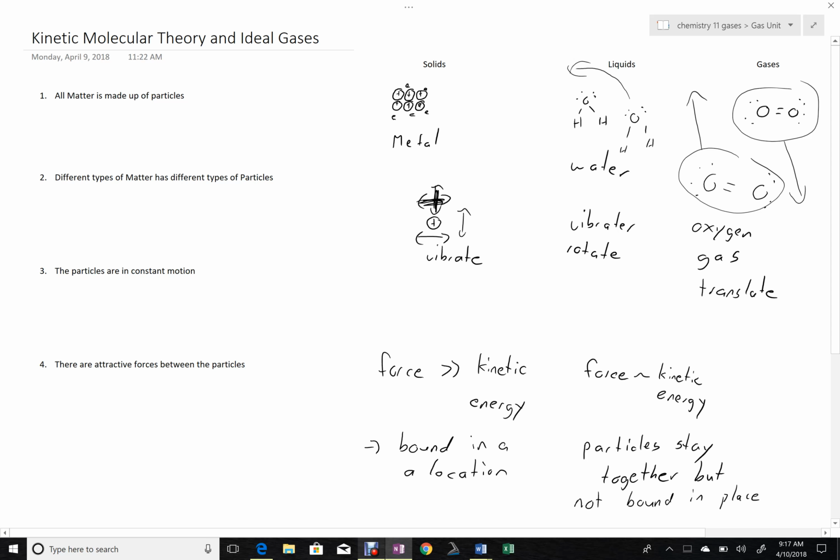What that means then is these water molecules can slide past each other, and that will allow the liquid to flow. The particles do stay in the same basic general region, though, and that's why their kinetic energy is enough to let them slide past each other, but it's not enough to get them to evaporate into the surroundings or to go out into the air and fly around as a gas.